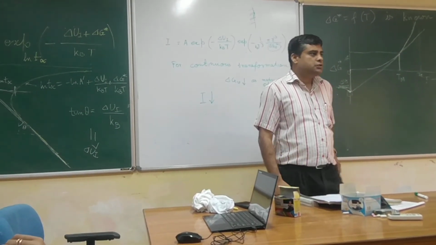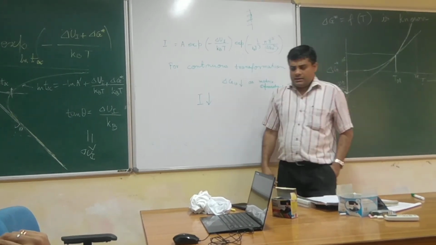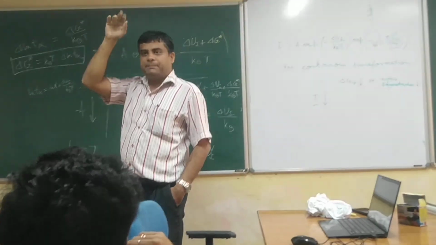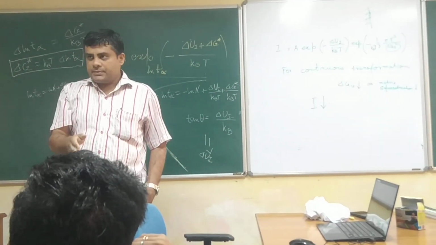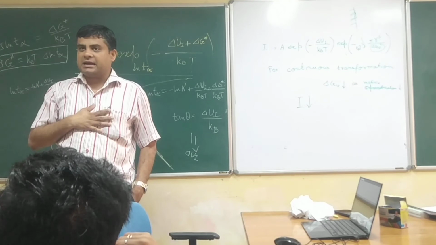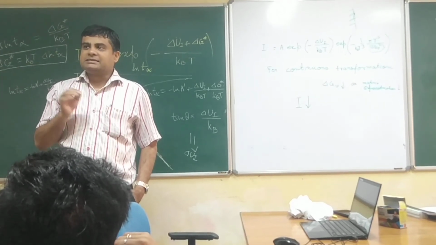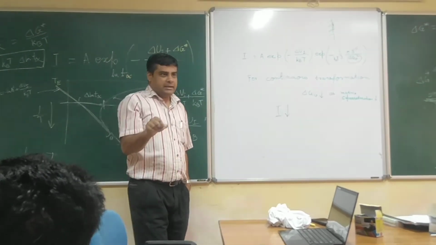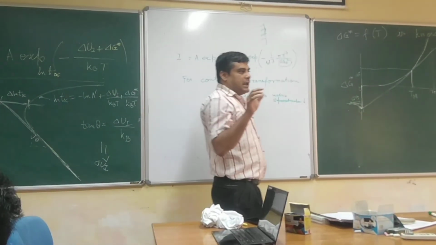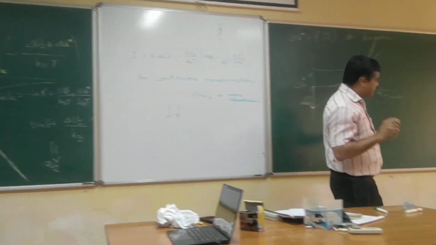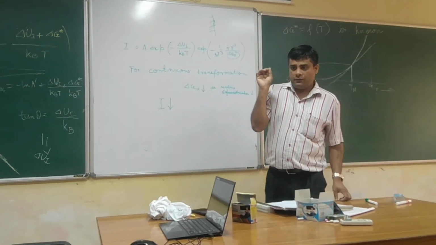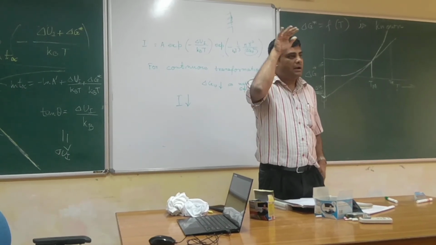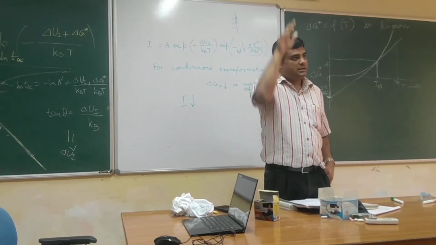Another thing you should know, that when you are coming from a high temperature solutionizing temperature quenching to a temperature where precipitation can happen, it takes a time, because just after quenching, the NC, that is the number of stable nuclei, corresponds to the equilibrium number of that high temperature.